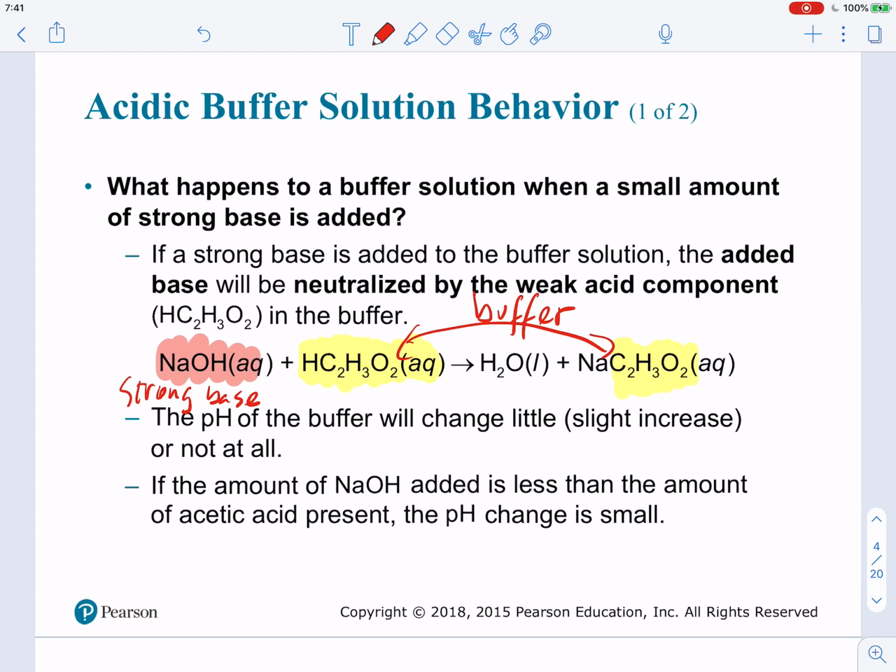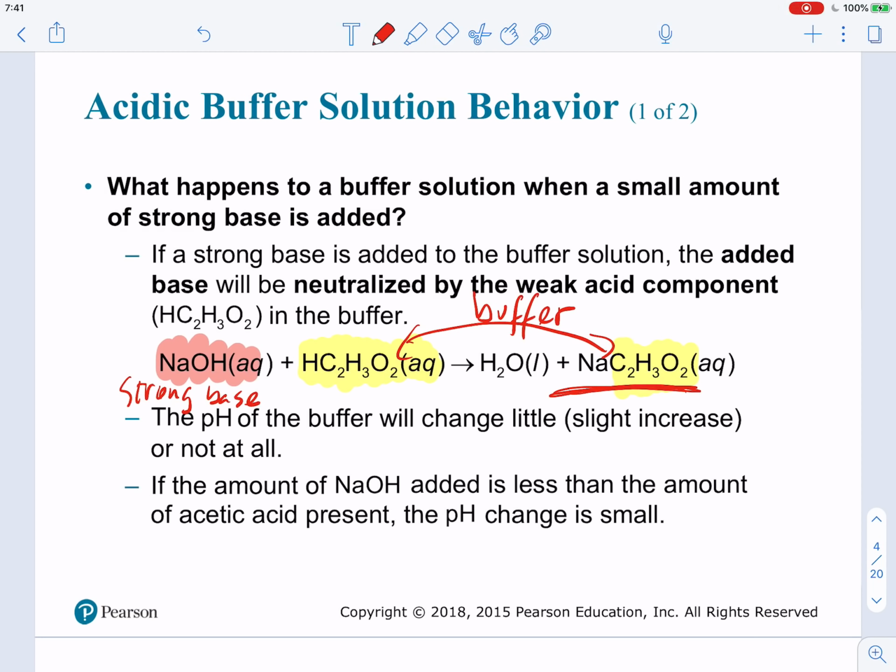So if you add that base to the buffer solution, then the base will react with the acid and will give you the conjugate base of the acid. Okay, this is a neutralization reaction. And as such, if you still have leftover acid after the reaction, then the change in pH would be rather small.